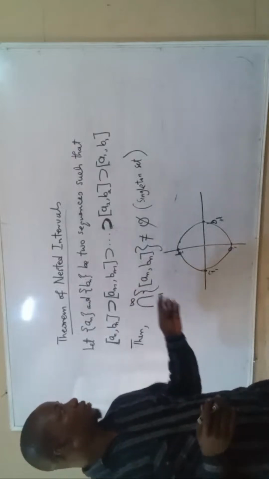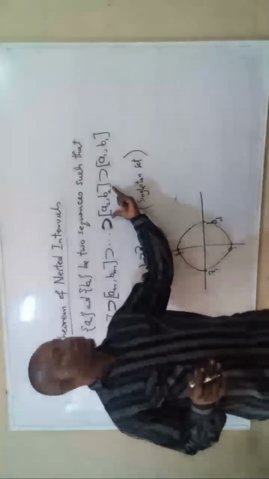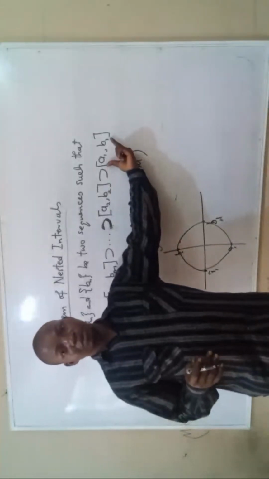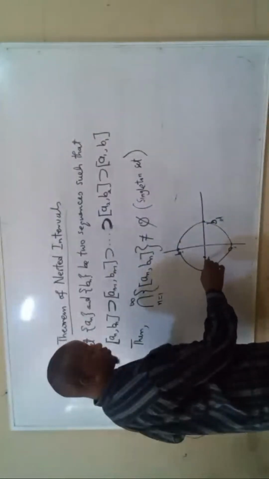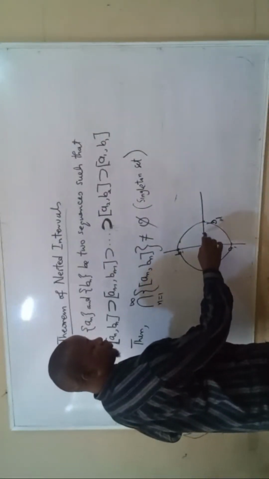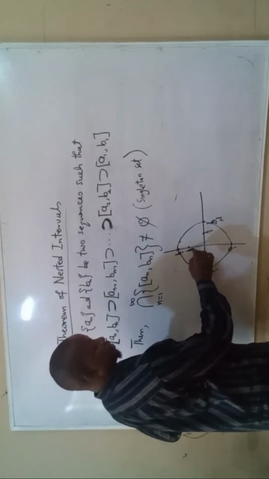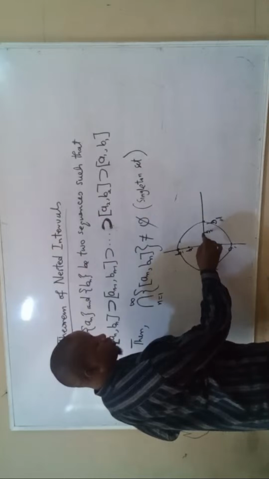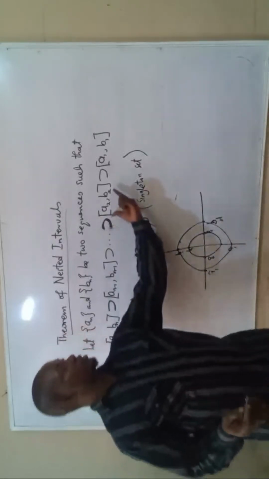So now what we have is that the entire interval A2 to B2 is contained in A1 B1. The meaning is that this A2 is somewhere around here, this B2 is somewhere around here. So this can be of this form. That's the meaning of this.